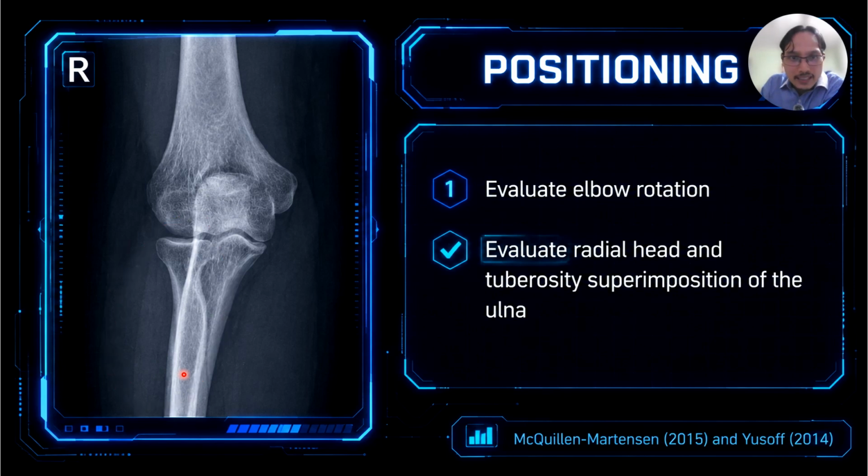The elbow was internally rotated. How to improve this? We need to rotate the elbow externally until the humeral epicondyles are parallel with the image receptor.